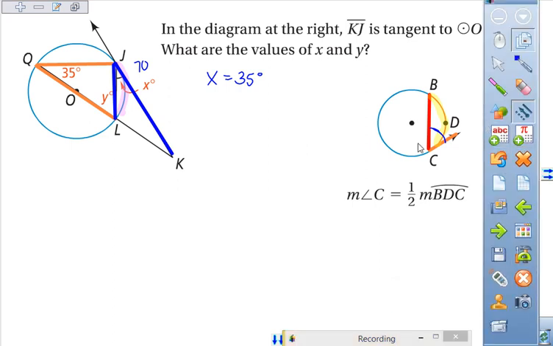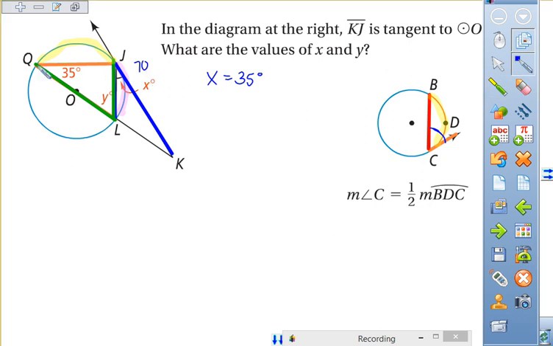Then we need to focus on angle Y. It looks like angle Y goes from here to here, so that's an inscribed angle. We're concerned about this arc, so I need to figure out what that arc is.